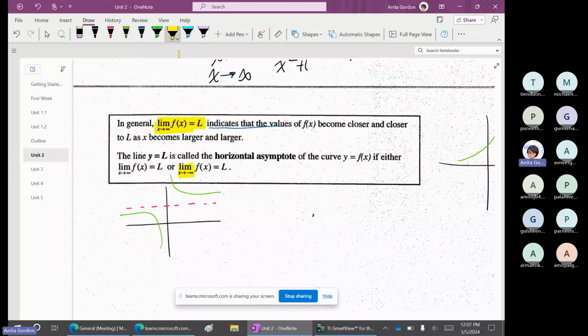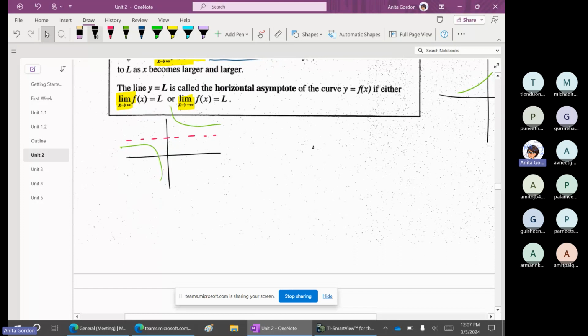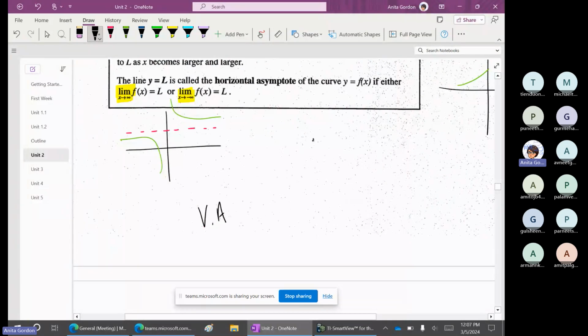And I'm saying this 3 or 4 times because this is a very, very common thing that students forget. What is the difference between a horizontal asymptote and a vertical asymptote? When we are testing a vertical asymptote, we are letting x approach a specific number, because when we have a vertical asymptote, we describe it as x equals something.